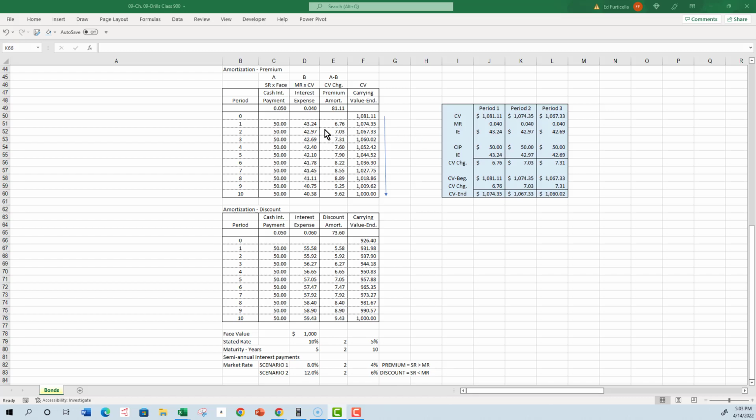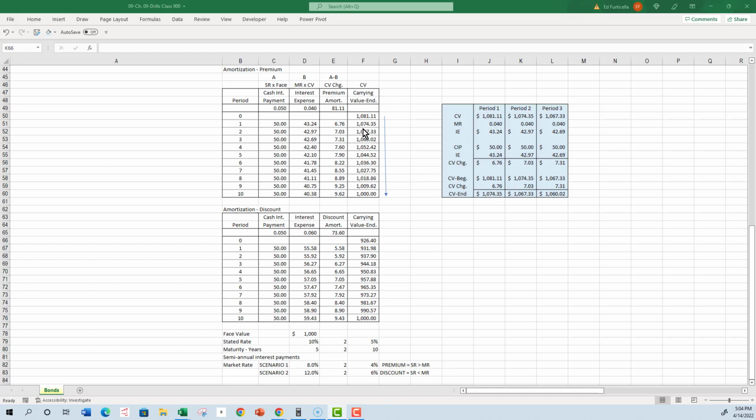That represents the interest. You take the difference between the cash interest payment and the interest expense, or $50 minus $43.24, and you get the change in carrying value, $6.76. You then go back to your beginning carrying value of $1,081.11 and subtract the change in carrying value of $6.76, and you get a new carrying value of $1,074.35.